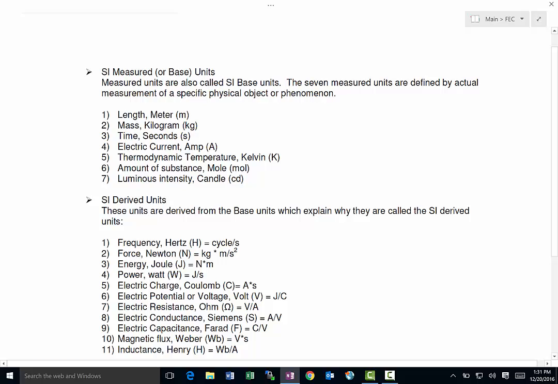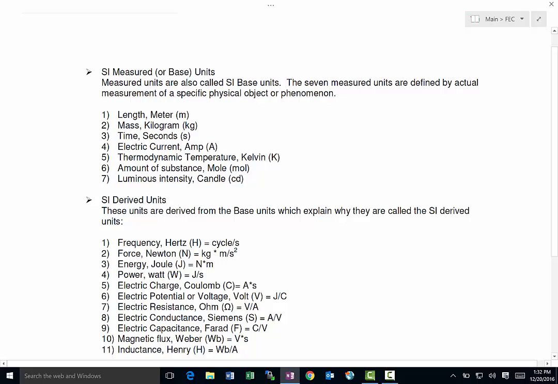The international standard is SI units, and sometimes we also refer to it as metric units, as opposed to English units, which are commonly used in ordinary activities in the United States. So let's start with the standard measured units. These are arbitrarily decided, and everybody has agreed how much a unit is.